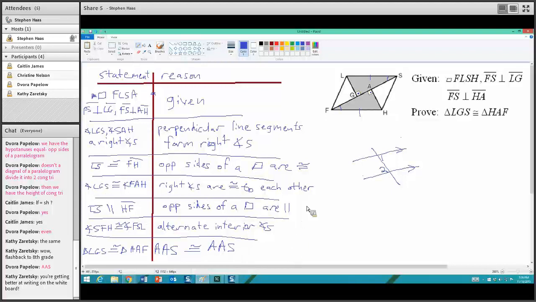Okay, so this was one with a quadrilateral. Let's try another one. This other one is a cute one also. All right. Well, actually, that's pretty easy.